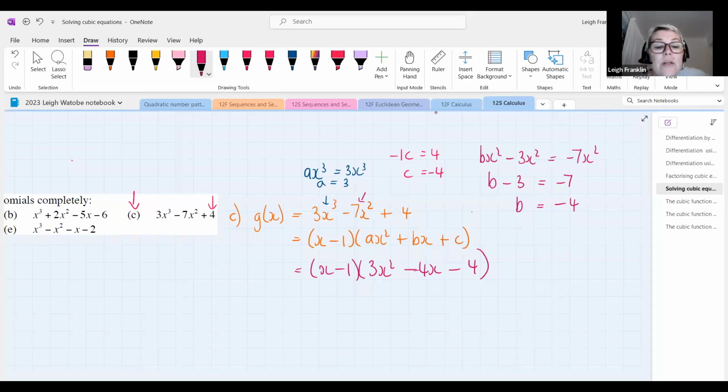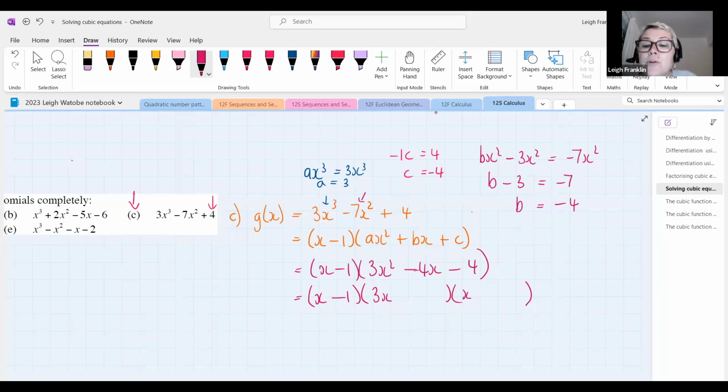Okay, now we need to factorize our trinomial. So this would be 3x, this would be x. Now we've got to think about our factors of 4. So it would be 2 and 2 or 4 and 1. Try the factors that are closer together first, and then work your way to factors that are further apart.